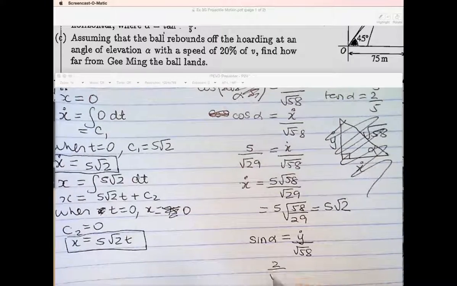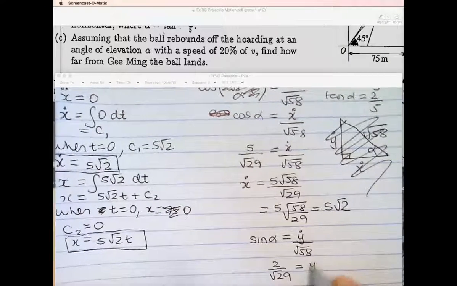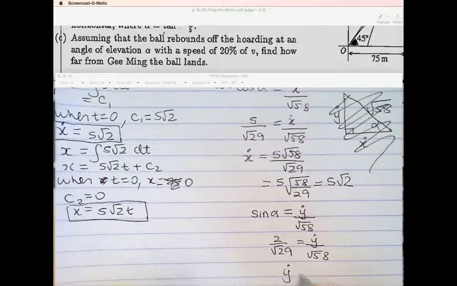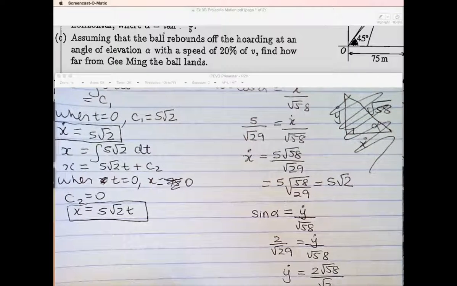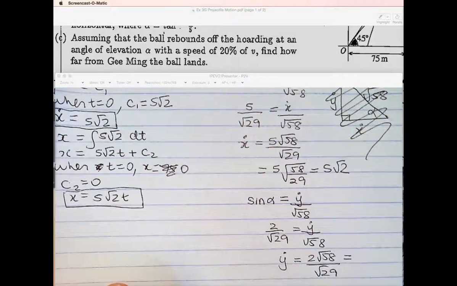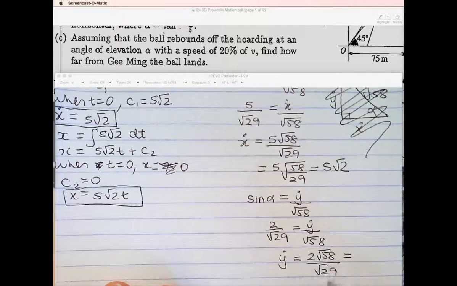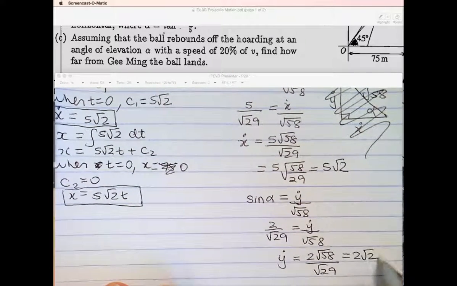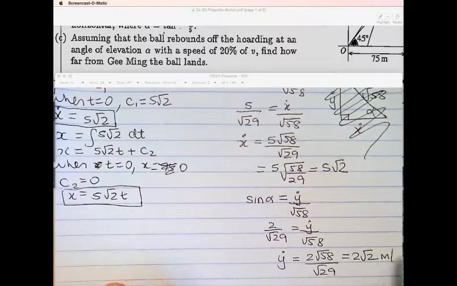Yeah. 2 on root 29 equals y dot on root 58. So therefore y dot is 2 root 58 on root 29, which is, not quite the same, 2 root 2. Got the idea? Meters per second.